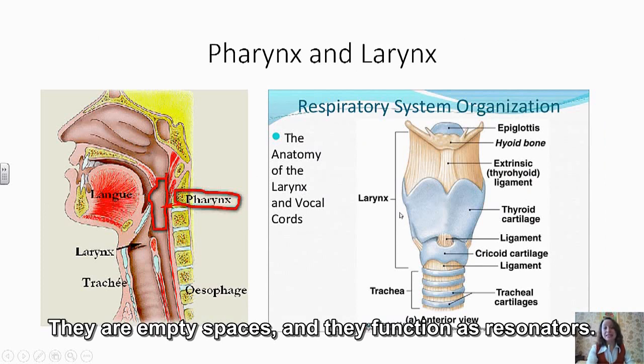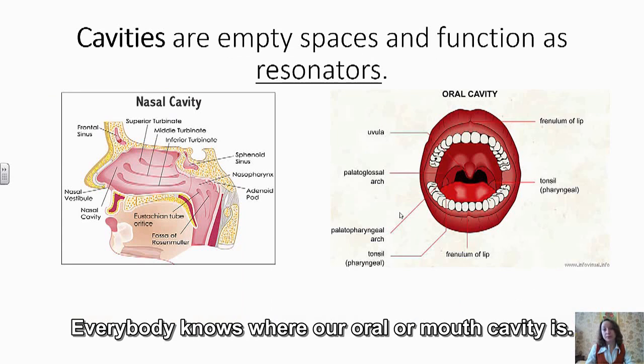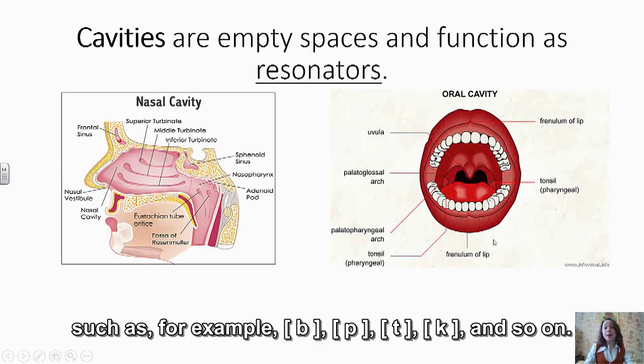They are empty spaces and they function as resonators. Everybody knows where our oral or mouth cavity is. There we produce our oral sounds, such as, for example, b, p, t, k, and so on.